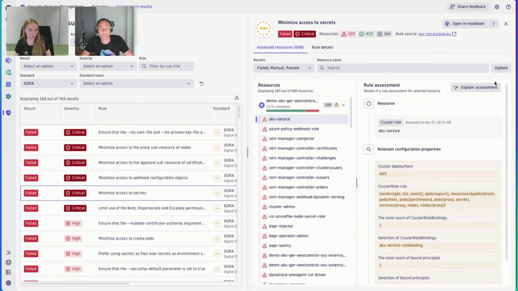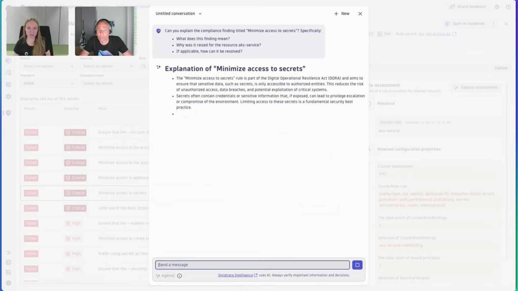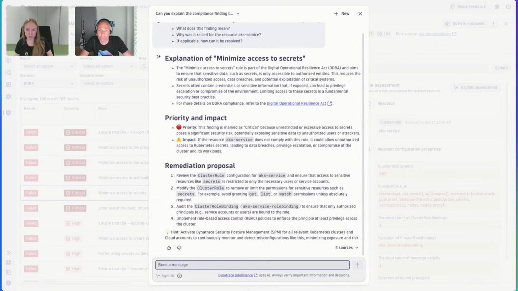And what's very valuable is that you can rely on Dynatrace intelligence to understand what that finding really means, what's the priority and impact, and then also what steps can be taken to resolve it. So you can see the example here with the explanation of the rule. What's the priority? In this case, it's a critical finding. And what's the impact from a technology perspective, as well as a proposal on how to remediate.